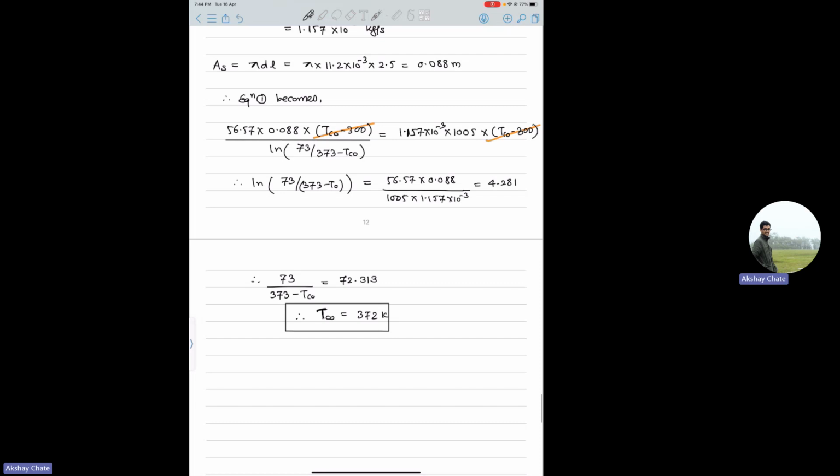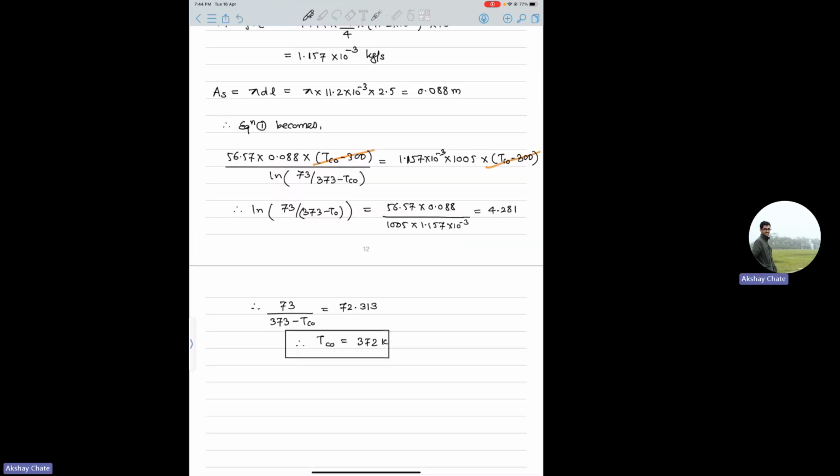So you can observe that the steam is condensing at 373, and the outlet temperature of your cold fluid, whatever this air is, almost reaches 372. So the effectiveness, if you calculate, should be pretty good. So that is one type of problem. Maybe we can take one more problem. I'm not sure whether we'll be able to finish it in time, but let's see.